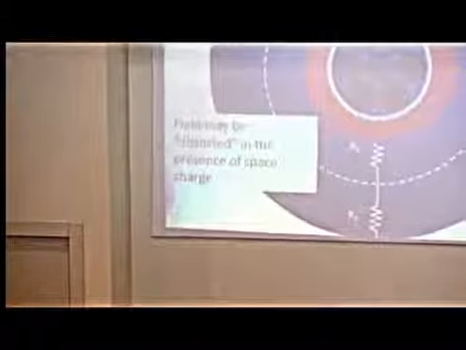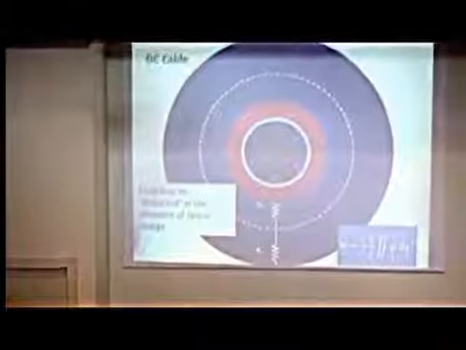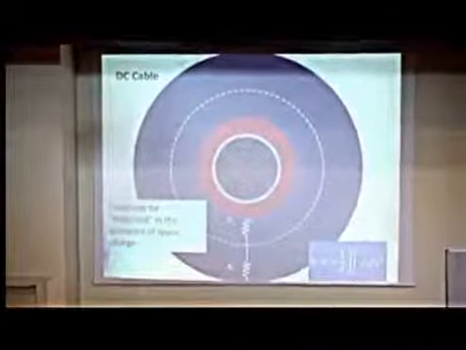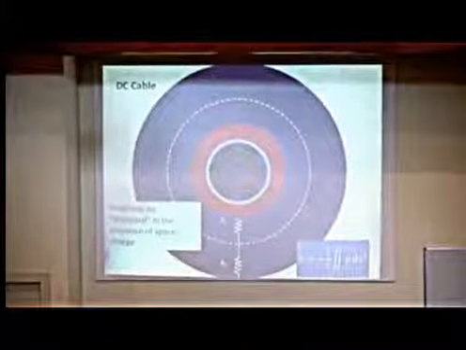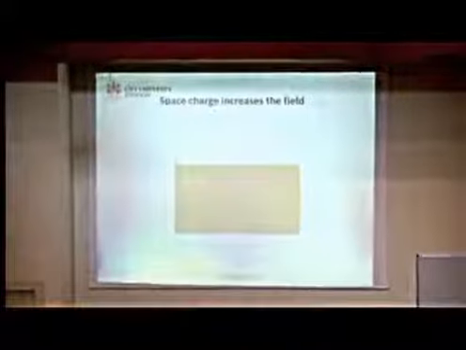I've shown some in red, glorified space charge being ejected from the centre here, and that is also going to affect the potential distribution quite dramatically, and therefore the voltage is going to be quite difficult, and the fields are going to be quite difficult to predict inside these DC cables.